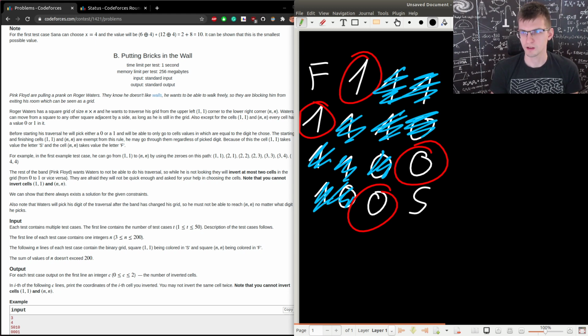Right, then if I can with 2 operations make this, I'm good. Is it always possible? If something is 1, 1, then I will change the opposite 2 to zeros. And if this is 1, 0 and this is 1, 0, I can change it like that. This and this. Okay. Should be good.